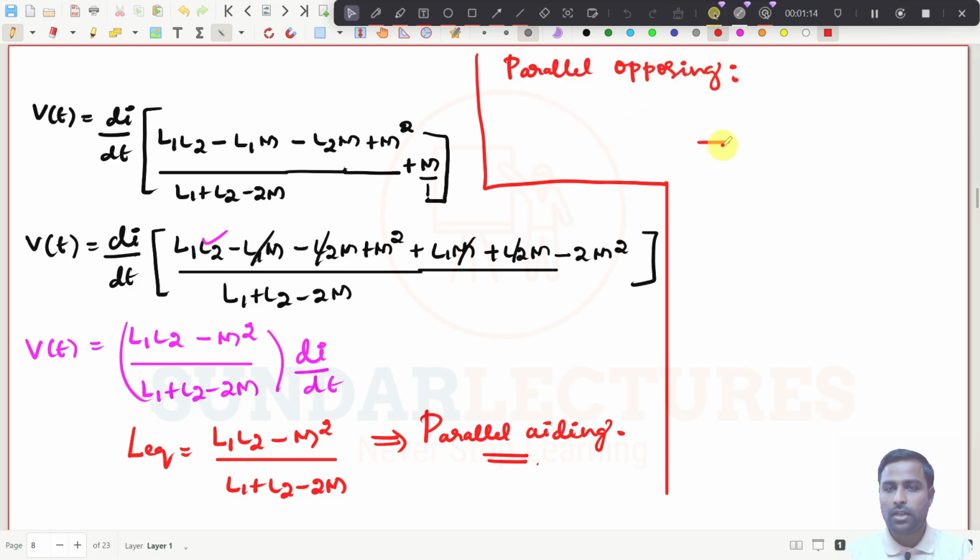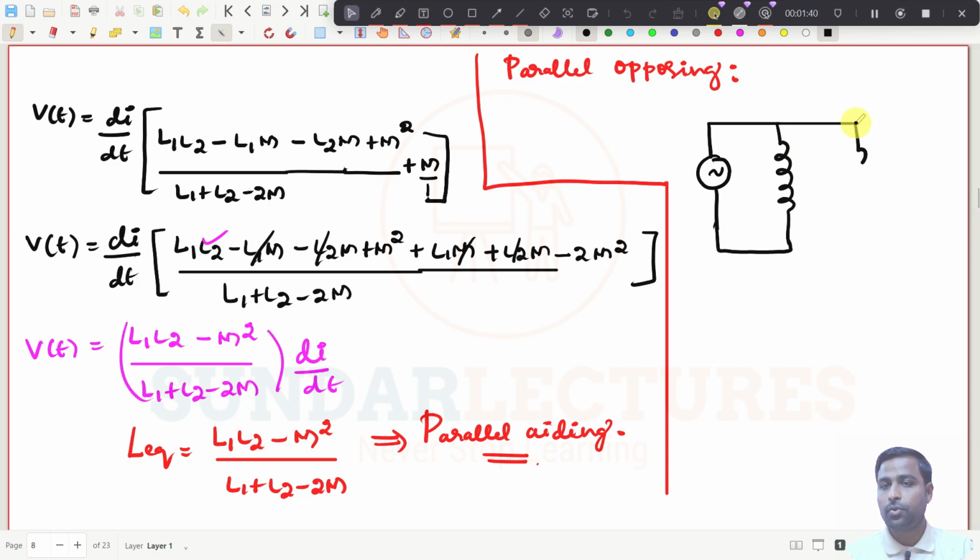So this coil now, maybe I will draw it with this one. So this is V of t, and the coil current. This is the first coil, and this is the second coil, coil number 2, and this is the diagram.